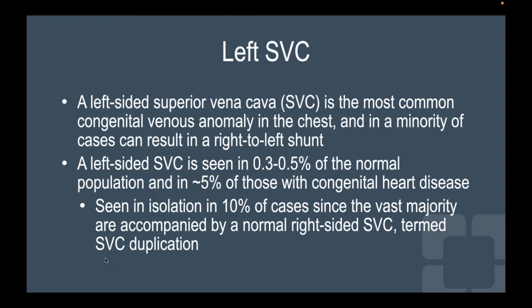It's seen in a small proportion of the normal population, at the most about 0.5%. Of those, approximately 5% will have congenital heart disease. It is seen in isolation in about 10% of the cases, and most of them are going to be like the one that we just reviewed, which has an accompanying right-sided SVC. So it's going to be a duplicated system, what we call a duplicated SVC.